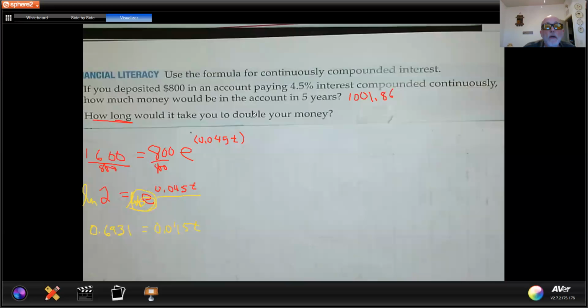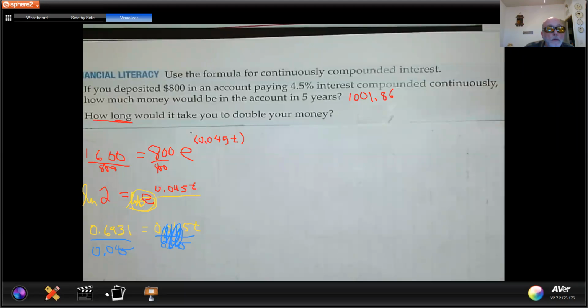0.045t. Now, obviously, all I have to do is divide. So when I divide, I'm going to divide this side by 0.045, and I'm going to divide this side by 0.045. These cancel out. T equals, that's the time. Oops. The time, I should write it the other way, huh?